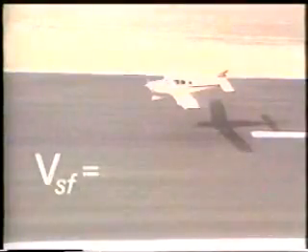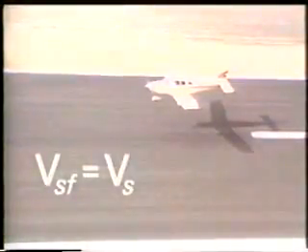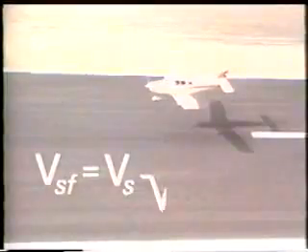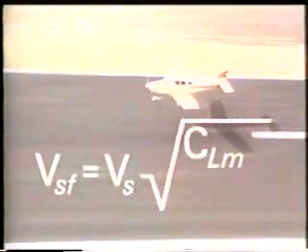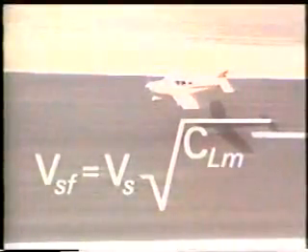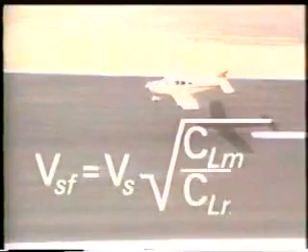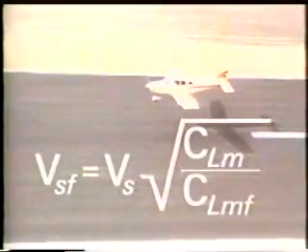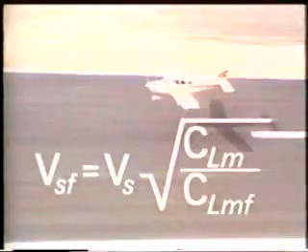You can determine the actual stall speed mathematically through this equation, which states that the flaps down stall speed equals the stall speed without flaps times the square root of the maximum lift coefficient in the clean configuration, divided by the maximum lift coefficient with the flaps down.